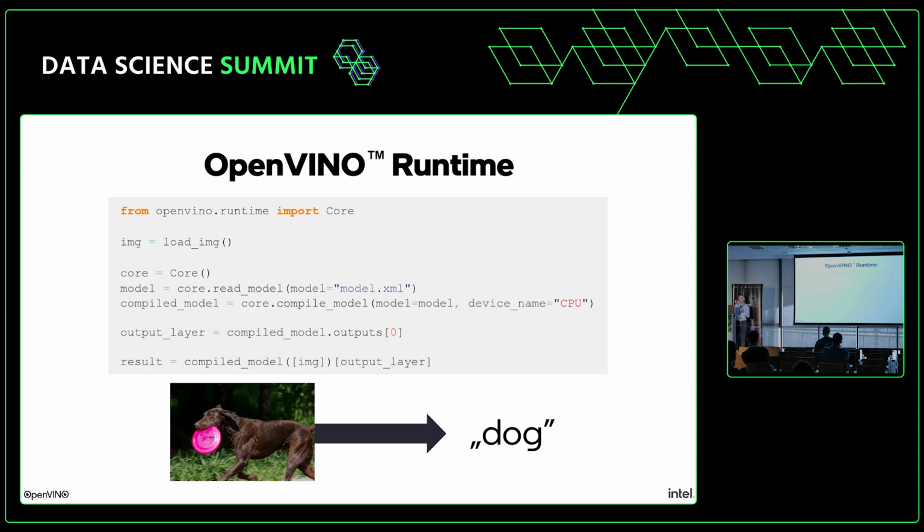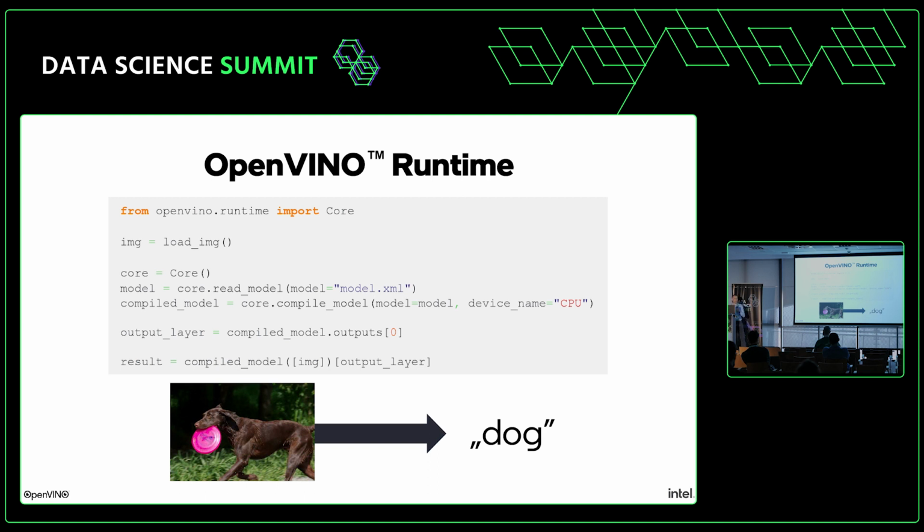Then initialize OpenVINO by creating core object, read model from IR format, then compile model for specific device, in this case CPU, get the handle to the output layer, and run the inference, giving your input and getting the output from the output layer. So in the case of image classification, from this to this in just 7 lines of code.